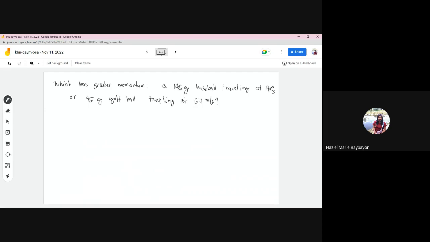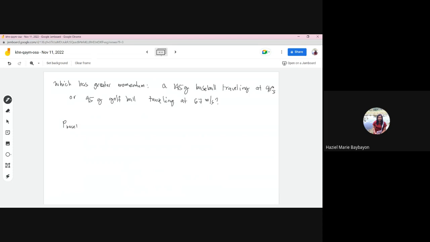Okay, so we are given both the masses and the velocities of the baseball and the golf ball. In order to answer which has the greater momentum, we just have to calculate their momentum.